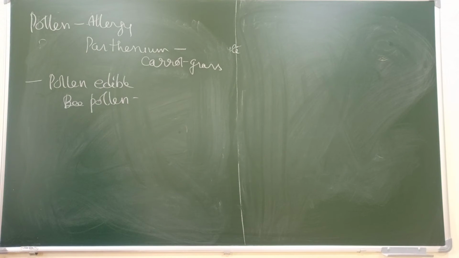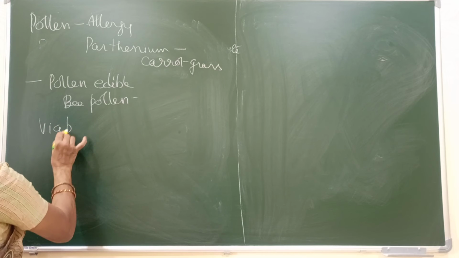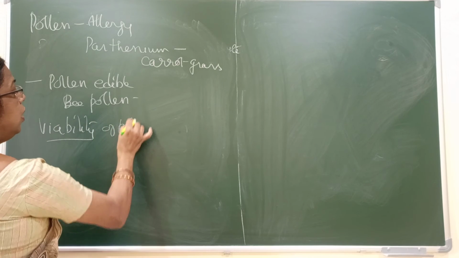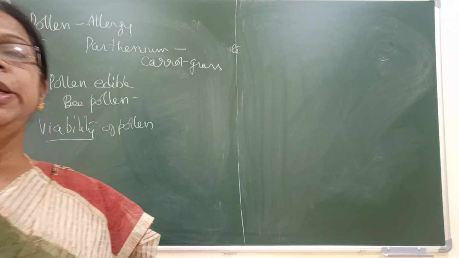The next aspect is the viability of pollen. Viability of pollen is the ability of pollen to germinate.